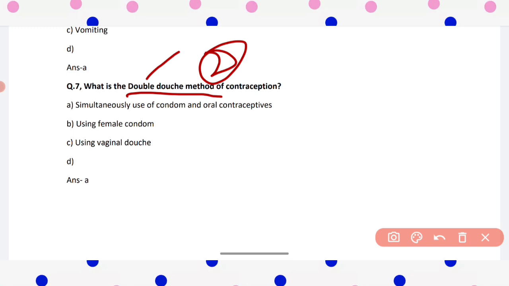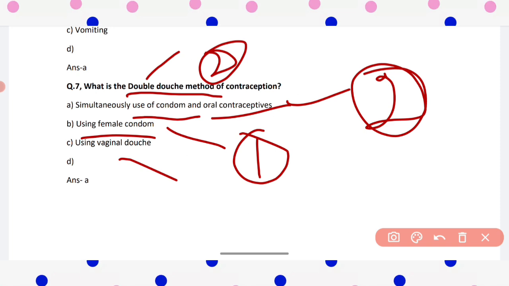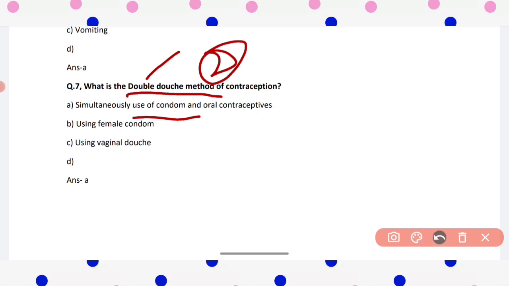So with simultaneous use of condom and oral contraceptive, they are using 2 methods, whereas using a female condom is a single contraceptive method. Using a vaginal Dutch is also a single contraceptive method. So these 2 options we have to eliminate, and the remaining one is option A, simultaneous use of condom and oral contraceptive. This is the right answer.